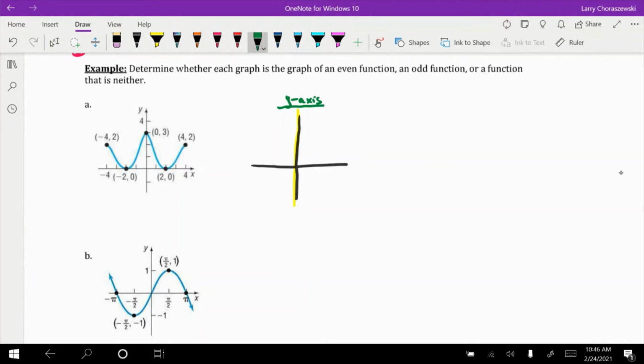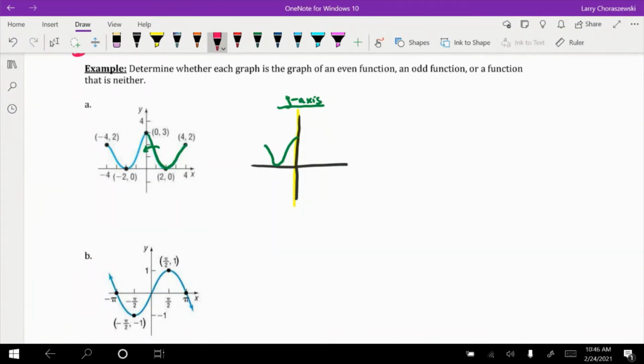I'm going to look at the piece that's to the right of the y-axis from our original graph, this right here. And we're going to mirror that over to the left-hand side. And when you do so, you end up with the graph or that piece in quadrant 2 situated this way.